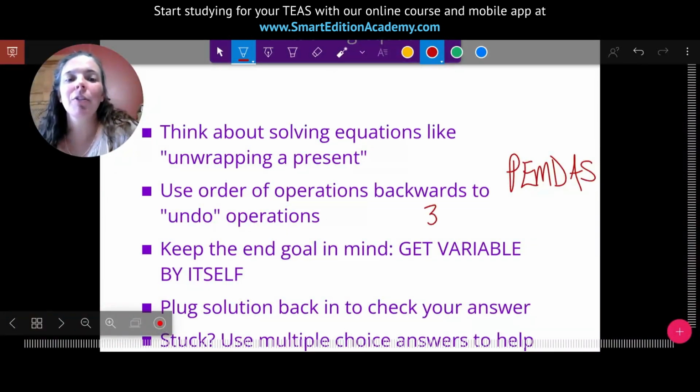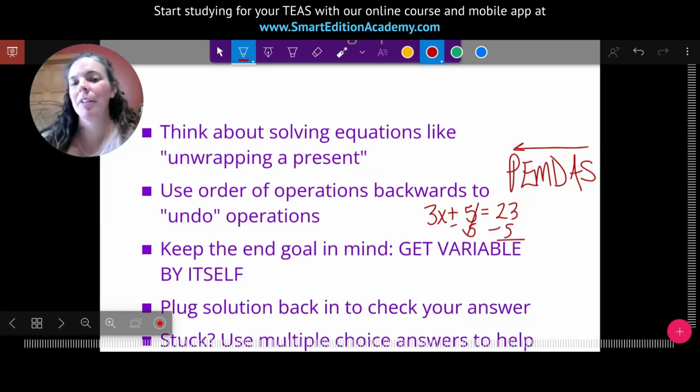So if I had something like 3x plus 5 equals 23, okay? I would want to work backwards, meaning I would take care of the addition and subtraction first, okay? So I would do minus 5 first in order to start to solve and simplify.